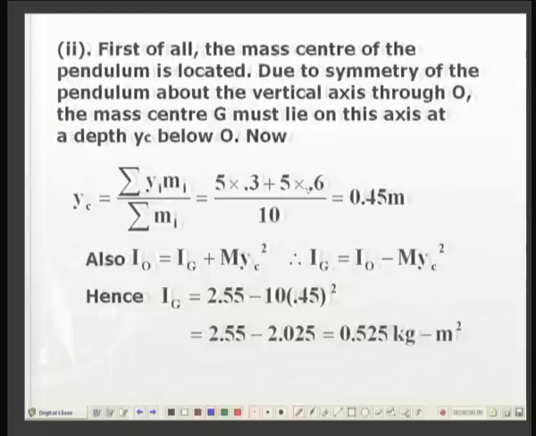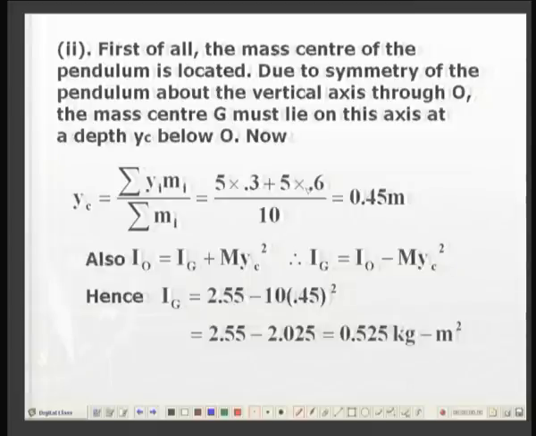Since we know the moment of inertia about an axis perpendicular to the screen passing through the top point O, and we have to find it about the center of mass, we again use the parallel axis theorem instead of doing it from initial formulas.